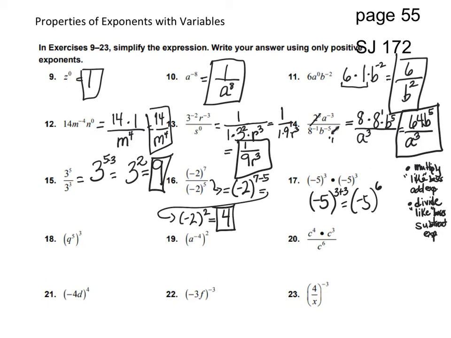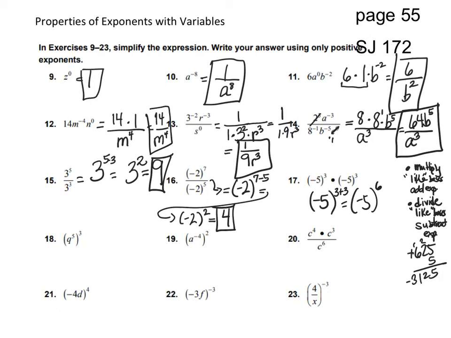Negative 5 times negative 5 is 25. 25 times negative 5 is negative 125. Negative 125 times negative 5 is negative 625. No, positive, because we've done that 4 times. And then positive 625 times 5 is 3125.